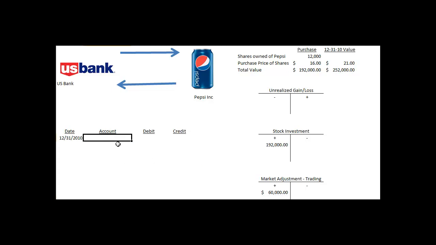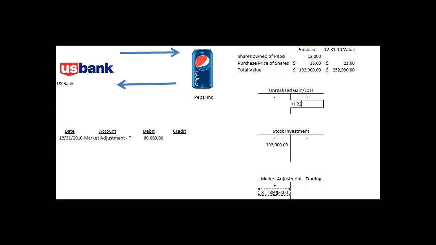So we are going to debit the market adjustment dash trading, and the reason we say dash trading is because that indicates what our intent is with this stock, and that we're going to sell it very soon. So $60,000 debit, and we have an unrealized gain.